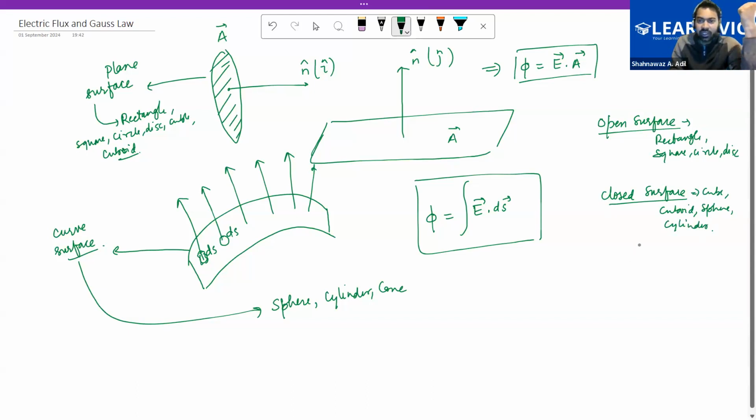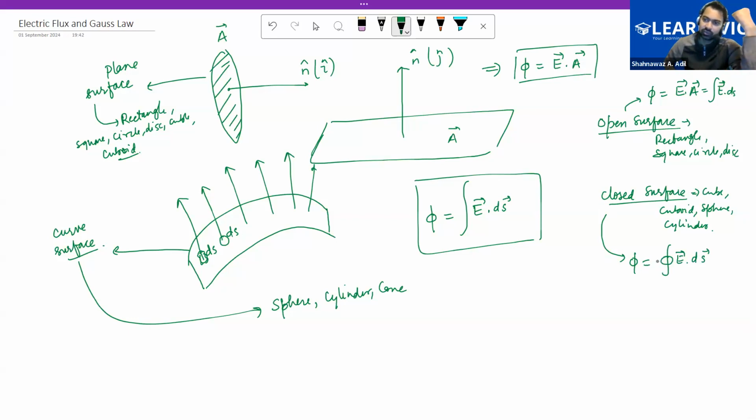So whenever you have an open surface, the flux is simply E dot A or the integral of E dot dS, right? Whenever you have a closed surface, this would be the closed integral of E dot dA. Clear?